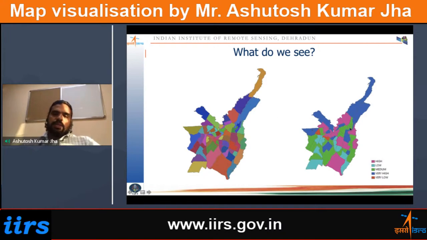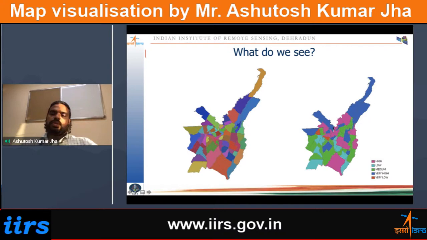The same data is represented again in a different way, but now we see that there is a smaller number of colors. As we can see, there are blue, green, cyan, pink, and red colors. If I show this, it gives slightly more information.